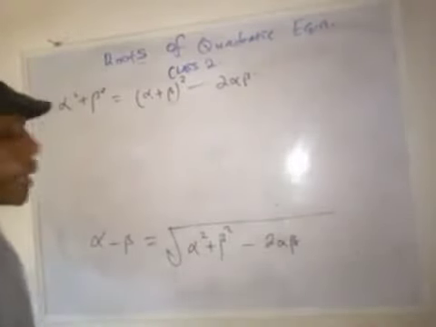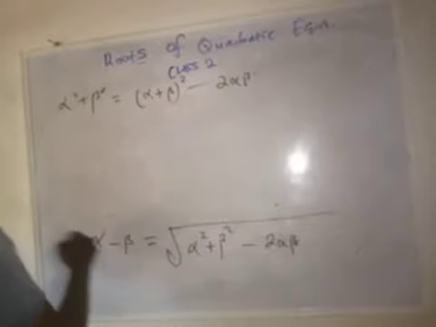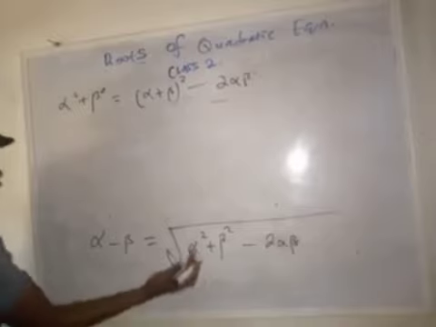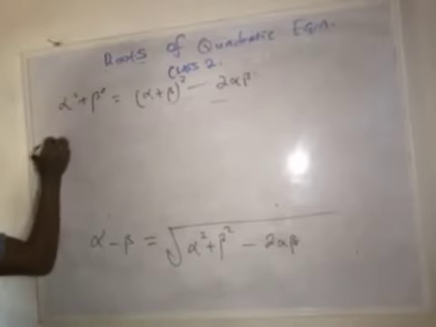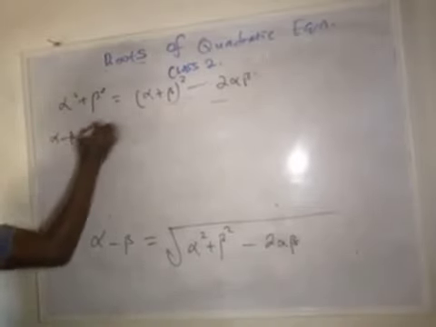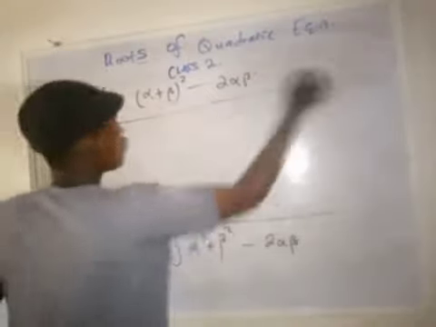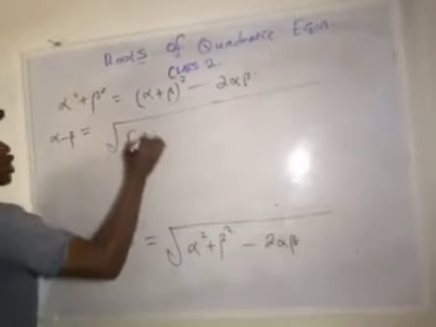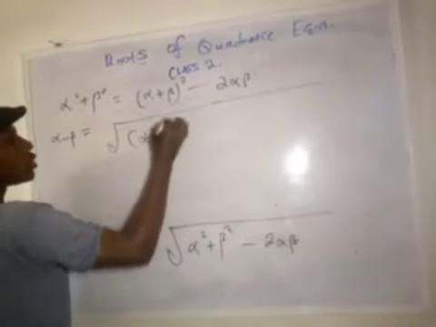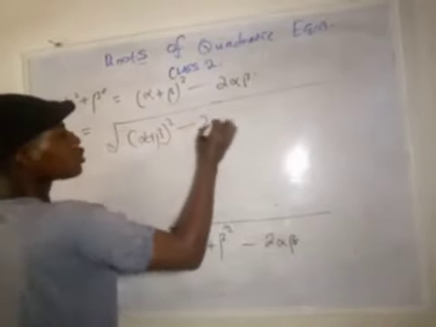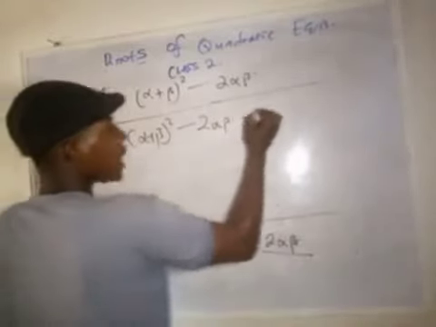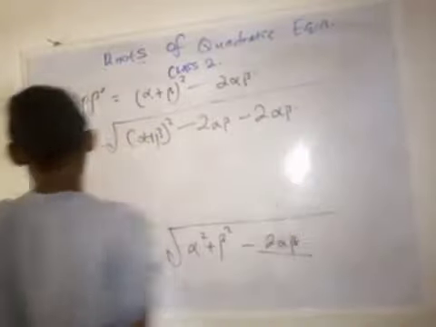So therefore, I can now substitute this into alpha squared plus beta squared. And therefore, my alpha minus beta will now be equal to the square root. Now, what's my alpha squared plus beta squared? It will be alpha plus beta squared minus 2 alpha beta, right? And we also have minus 2 alpha beta.